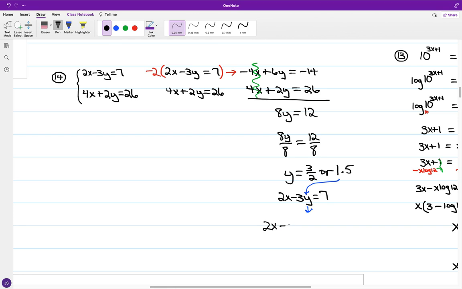So we have 2x minus 3 times 1.5 equal to 7. We have 2x minus 4.5 equal to 7.